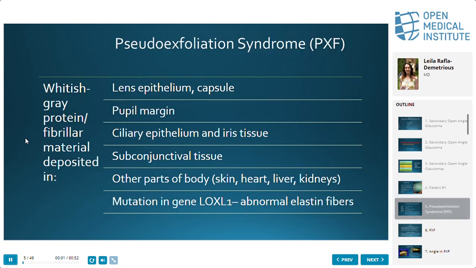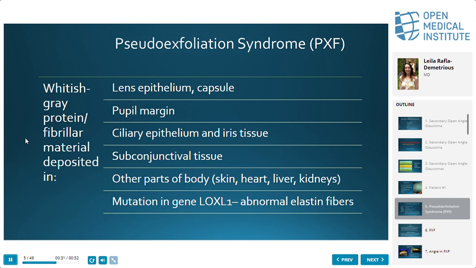Which is actually due to a mutation in the gene locus LOXL1, which leads to abnormal elastin fibers. So pseudoexfoliation material is actually found throughout the body, including the skin, the heart, liver, and kidneys. In the eye, we see it as a whitish gray fibrillar material, and we see it deposited everywhere, especially on the lens epithelium and capsule, but also on the pupillary margin.